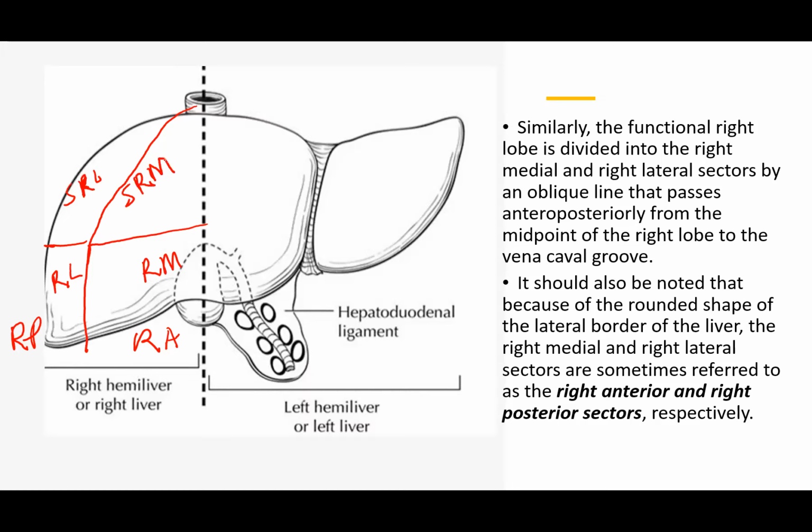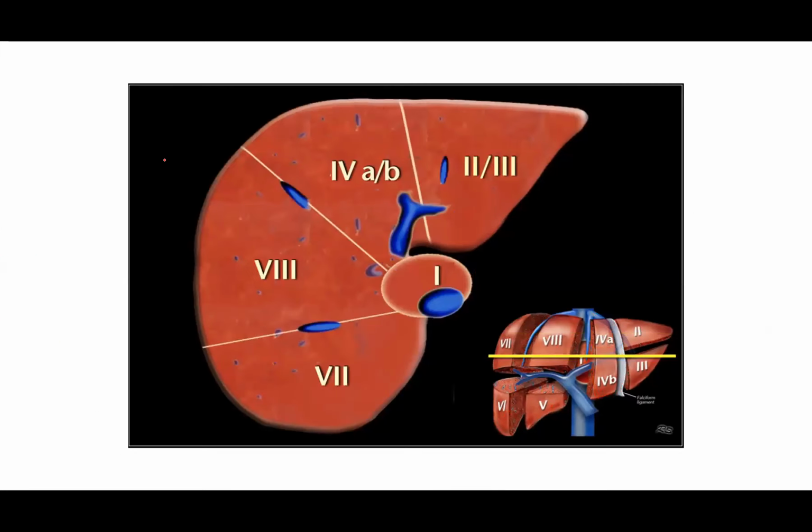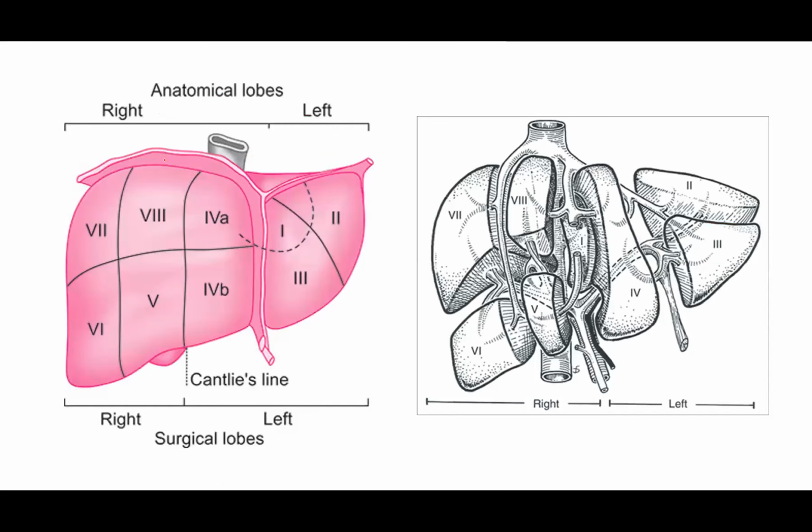So these form all the various segments, and each of these segments has its own blood supply and its biliary drainage, such that it can be removed independently via segmentectomy. Now, these are the various anatomic lobes and segments. You see one is on the visceral surface, is the caudate lobe.